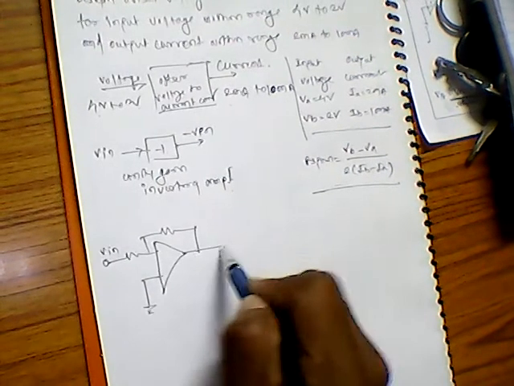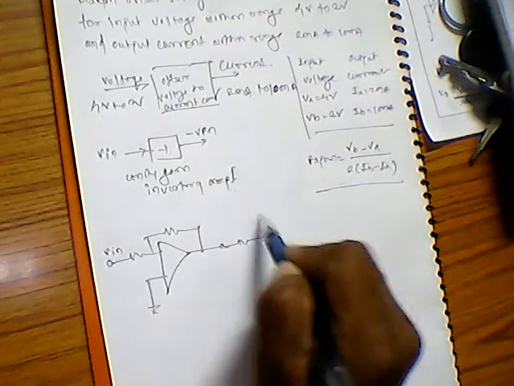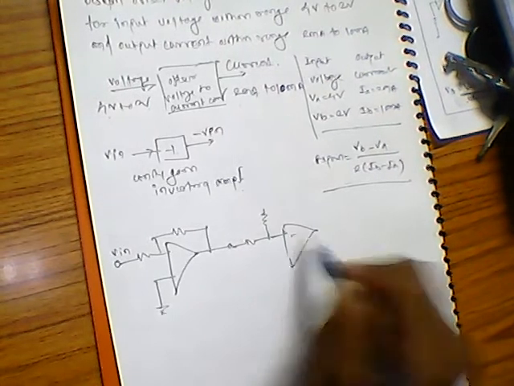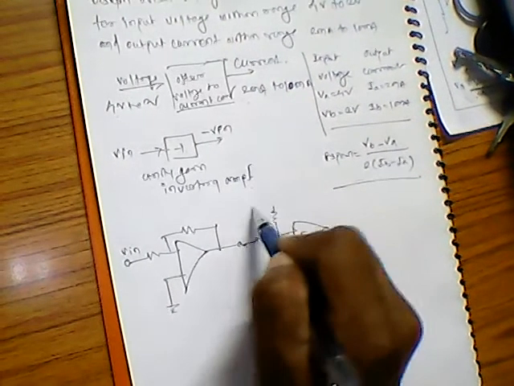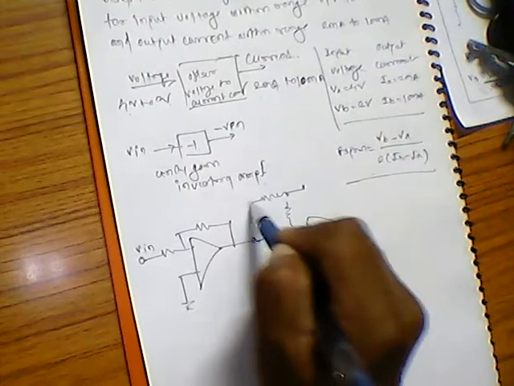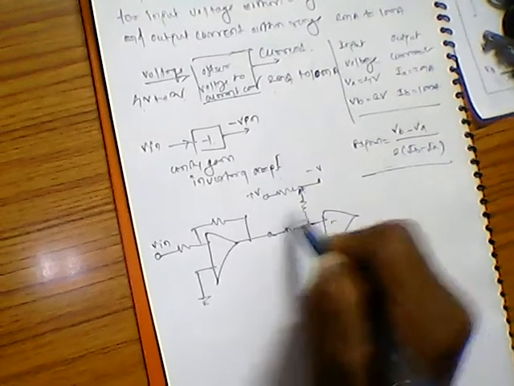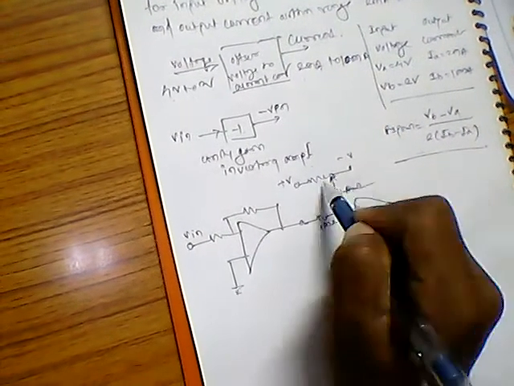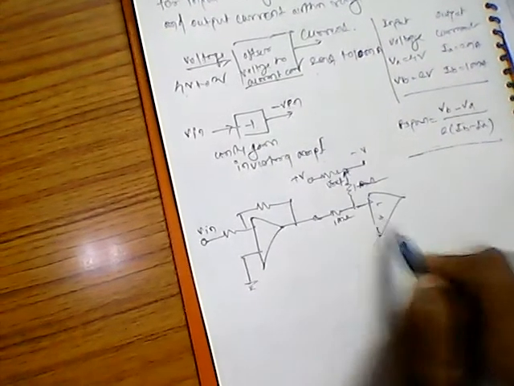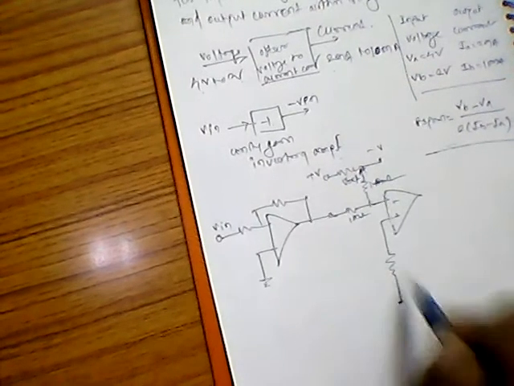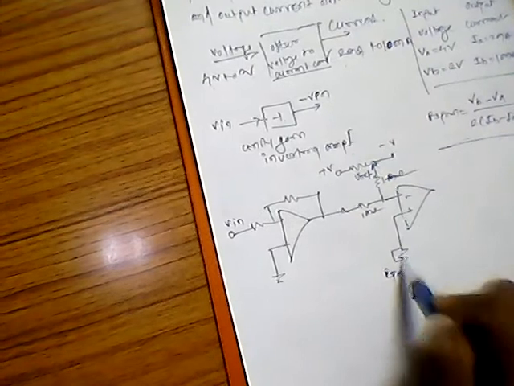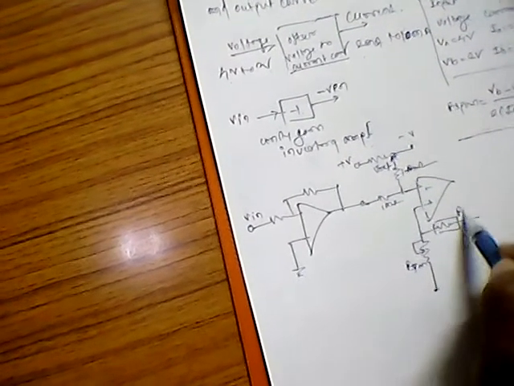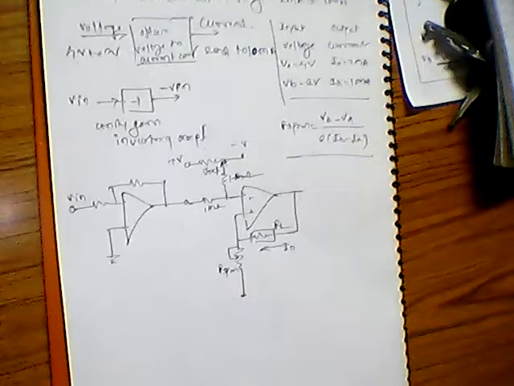Here we apply V in, and this circuit is applied to the next circuit, with plus V and minus V, then this is 1 mega ohm, 1 mega ohm, this is our V reference, and after that we have R span, and here we have RL, and we have IO flowing.